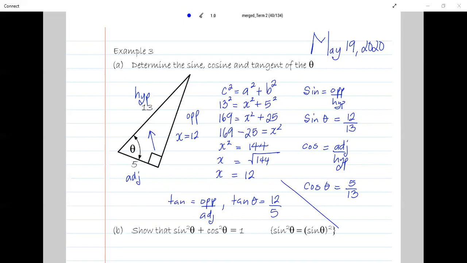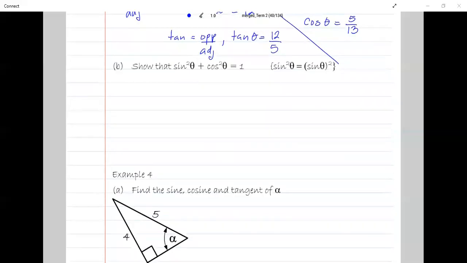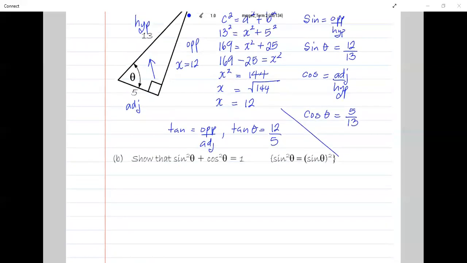Stay with me. Now, the next thing we're asked to do is show that sine square theta plus cos square theta is equal to 1. And to the right, they explain that sine square theta means sine theta square.